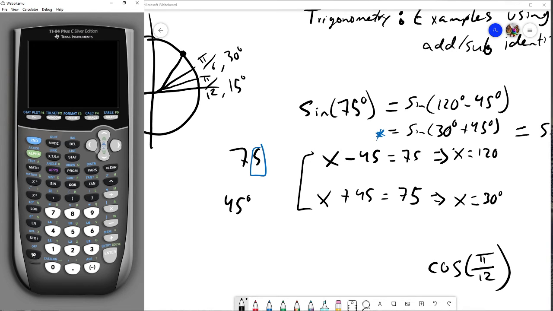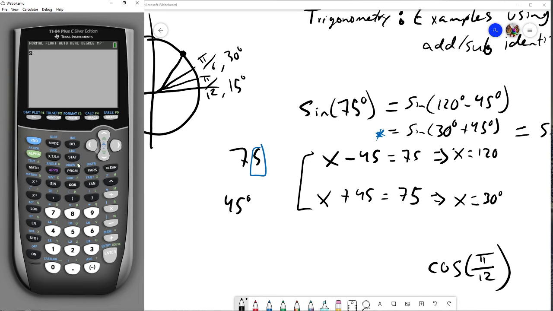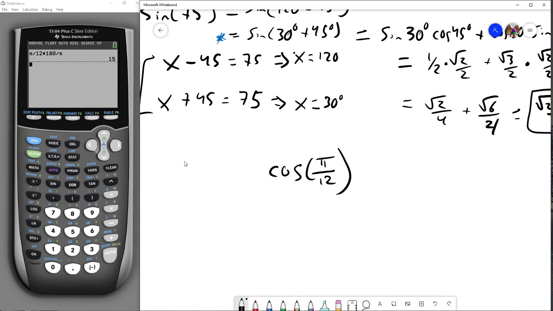And we can verify that, right? If you take pi divided by 12, you can convert from radians to degrees by multiplying by 180 degrees divided by pi. And we get our 15 degrees. Cool. Alright, so we essentially are asking ourselves, what is cosine of 15 degrees? Same thing as cosine of pi over 12.